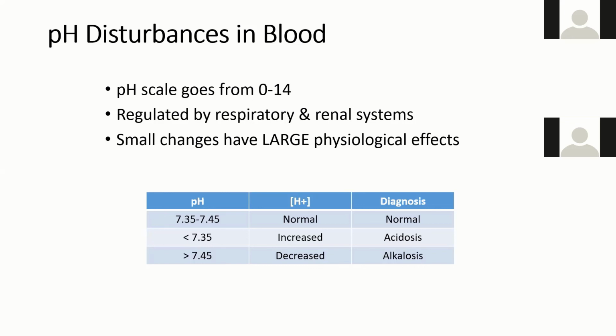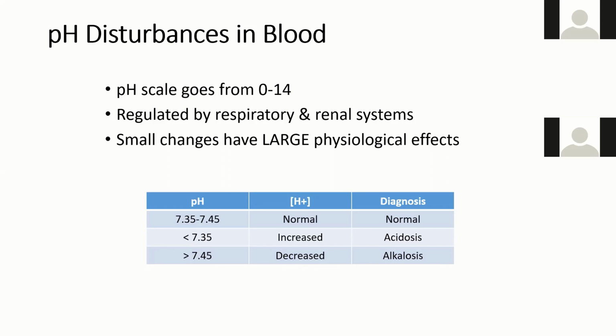Okay. So the pH scale goes from 0 to 14. It's going to be regulated by our respiratory system and our renal system. We're talking about our renal system now. We're going to link in the bits from the respiratory system before we move into the direct actions of the kidney. And actually, very small changes can have large physiological effects in the body.